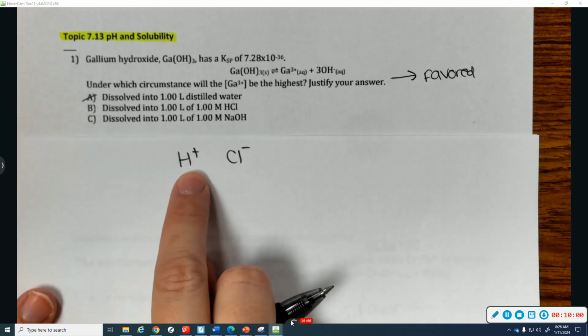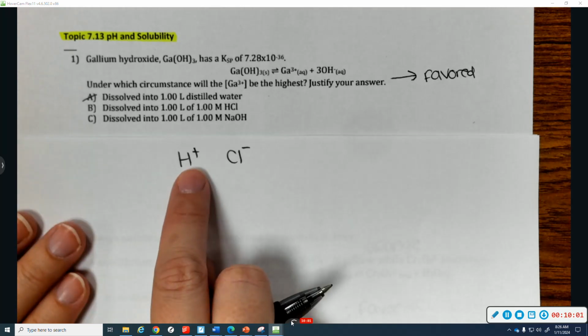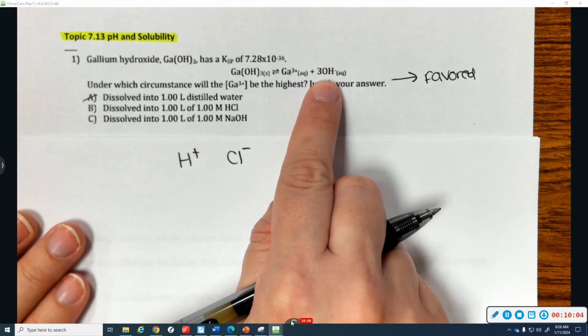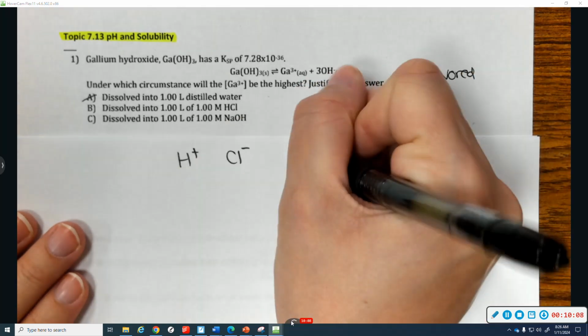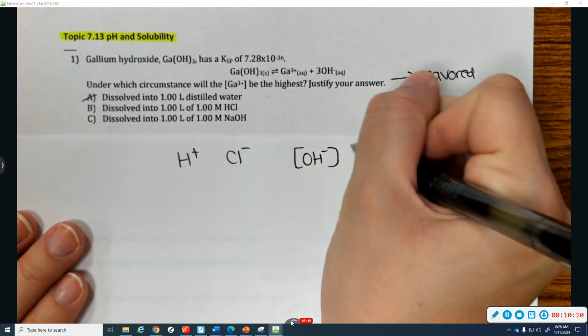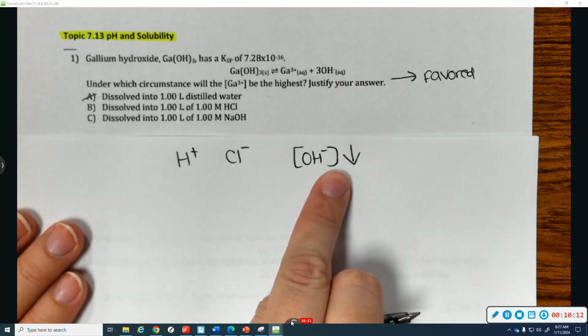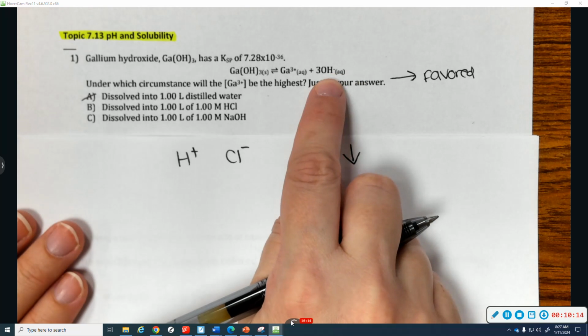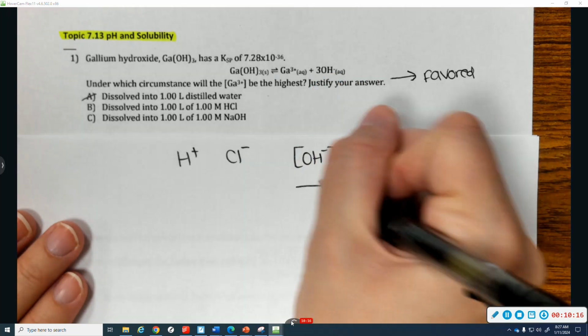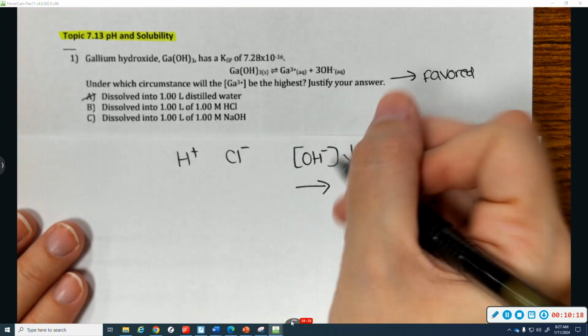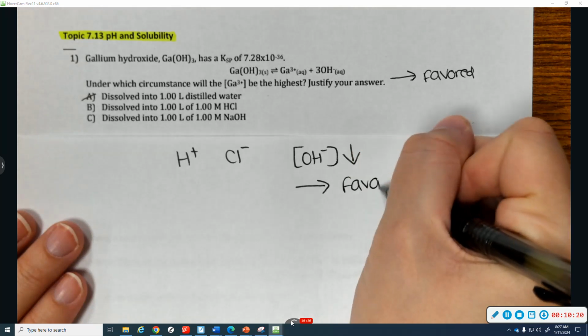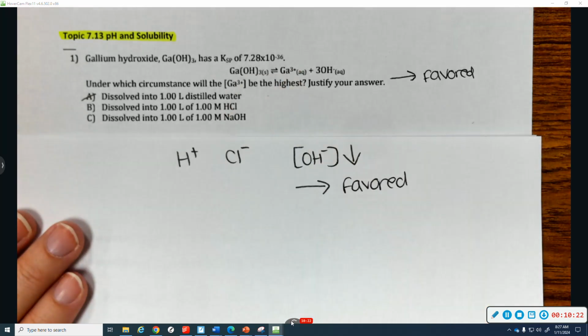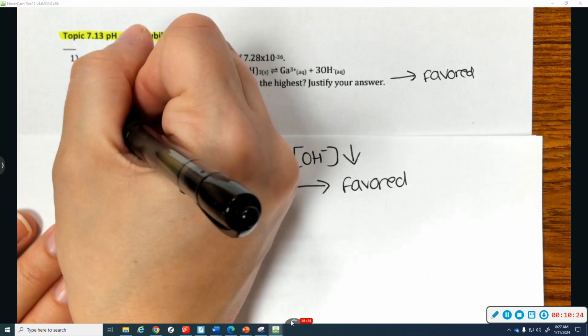But we should look at this and recognize that hydrogen ions will neutralize the hydroxide ions and form water, which means the amount of hydroxide is going to decrease. If the amount of hydroxide ions that are present decreases, that's going to drive this reaction forward. It'll make it forward favored, which would increase the amount of gallium ions. So it's most likely B.